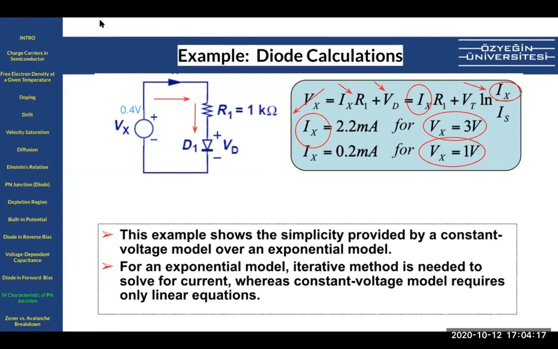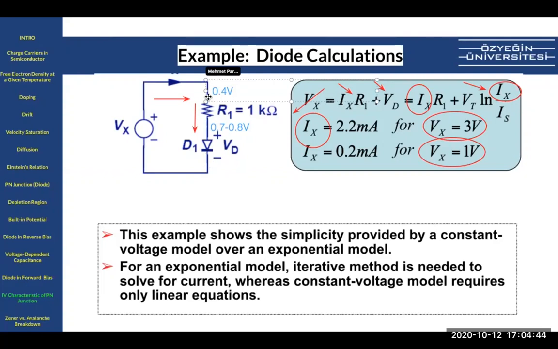The easy way to explain this: the turn-on voltage of this diode, as I mentioned to you, is 0.7 to 0.8 volts. If this is 0.4 volts here, I'm bringing it here, right? Because it's the same node. Well, how will current flow through the diode?